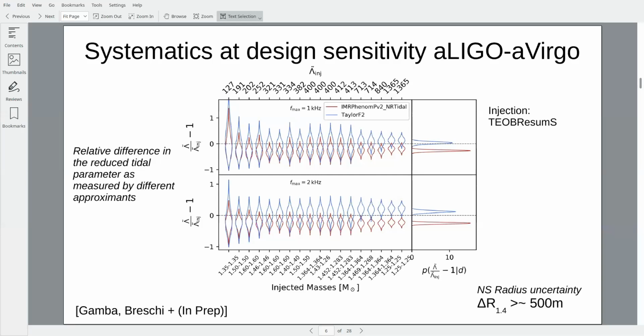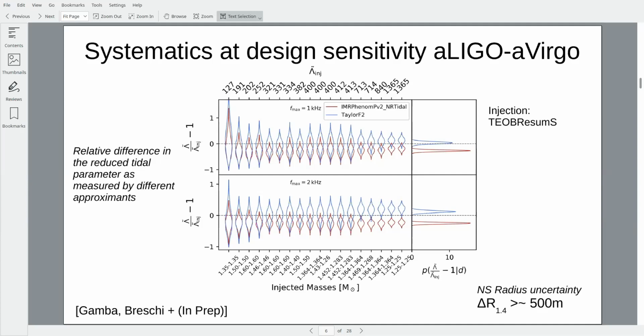Yeah, so there are other approximants with respect to those used here, but the situation doesn't really change. Some approximants are closer, of course, to each other, but simply pushing to slightly higher signal to noise ratio will give you the same deviation.